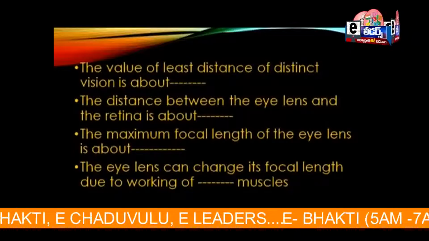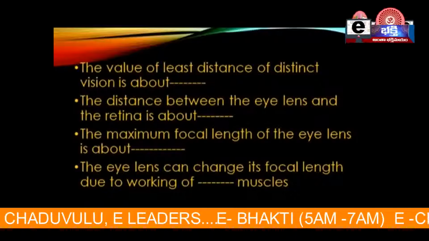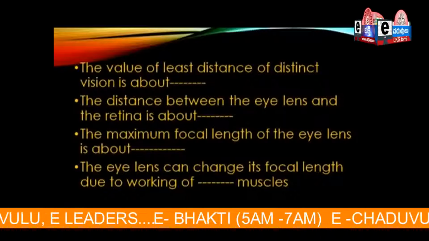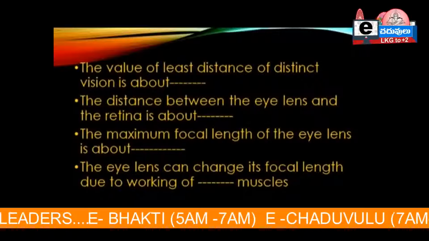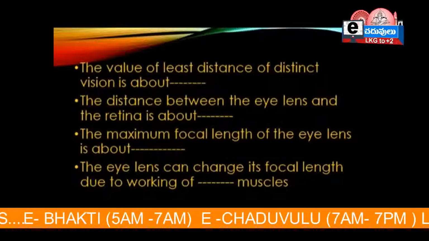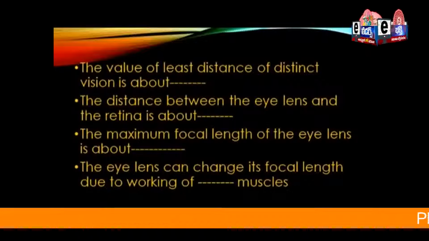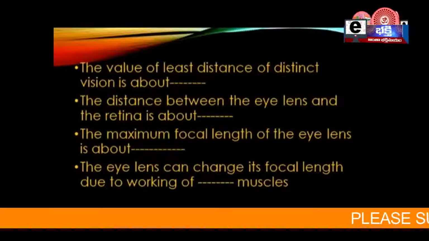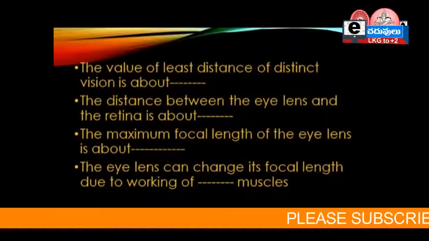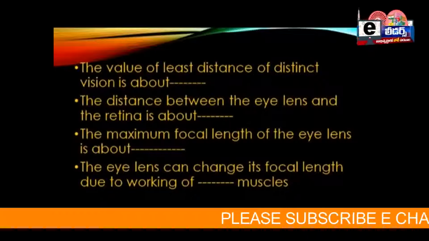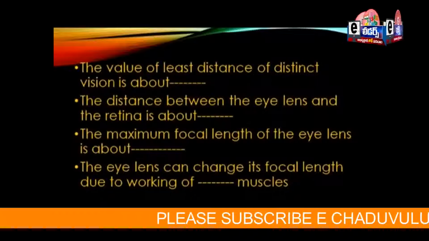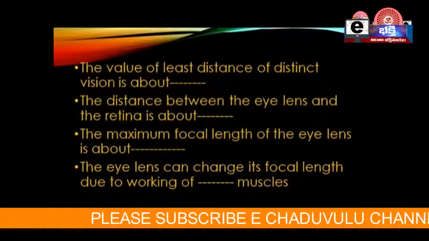And they will ask you some fill in the blanks and multiple choice questions also, like: the value of least distance of distinct vision is about dash. The distance between the eye lens and the retina is about dash. The maximum focal length of the eye lens is about dash.